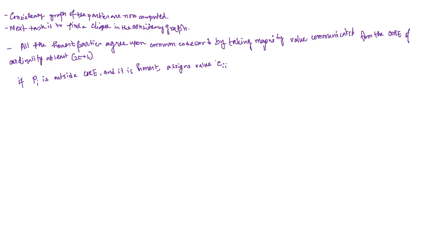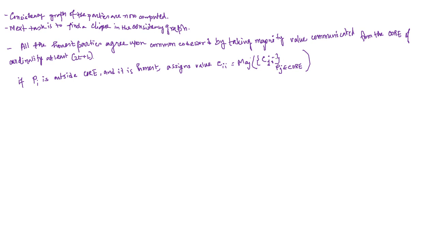Among them only cii it will correct, as follows: cii equals the majority of the set of cji values, all the cji values where pj belongs to the core.